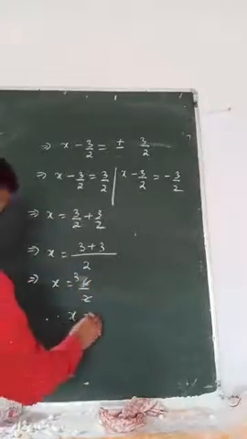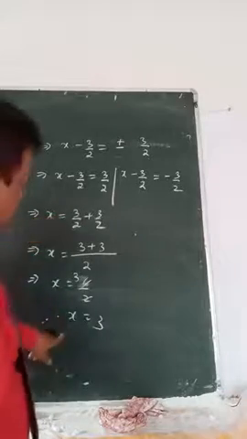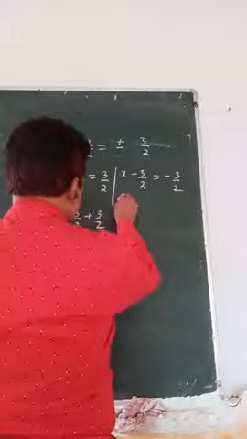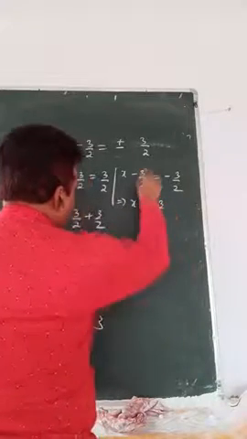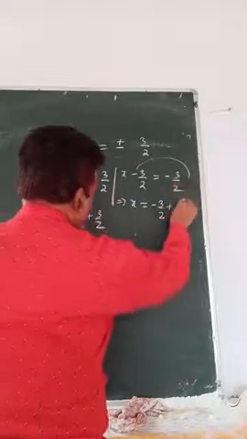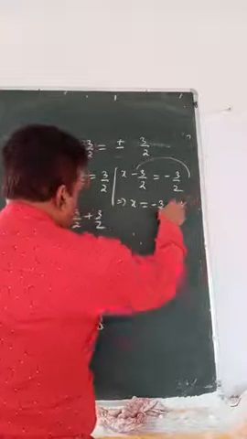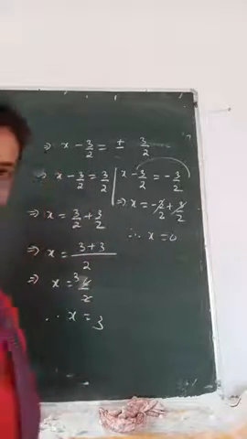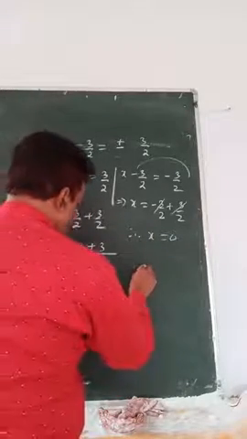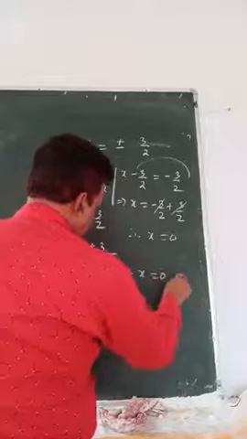Therefore, x equals 3. This part is done. Come back to this part: x equals minus 3 by 2. This will go to this side as plus 3 by 2. The same number cancels, so x equals 0. We got two values: x equals 0 and 3.